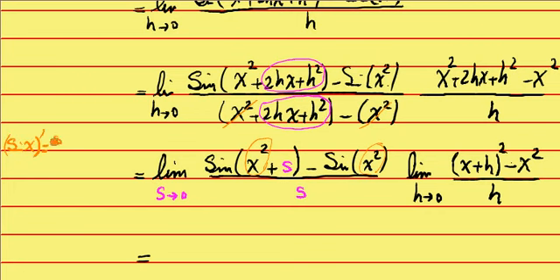I would have written sine of x plus h minus sine of x over h as h goes to 0. Now instead of h, I've written s. Instead of x, I have x squared. So the answer also is going to be, instead of x, I'll have x squared.